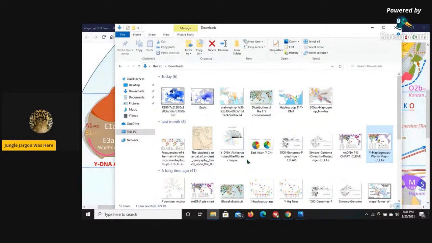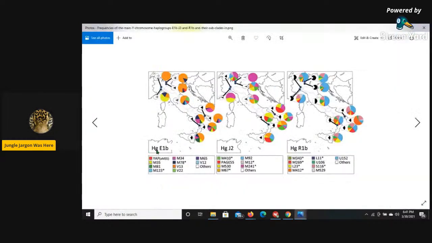Okay, we could look at Italy again. We've already reviewed it. The E1B1 in Italy would be these black percentages here.